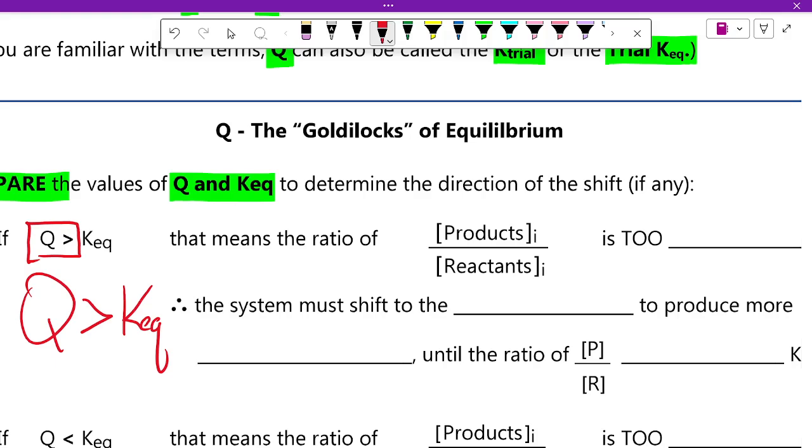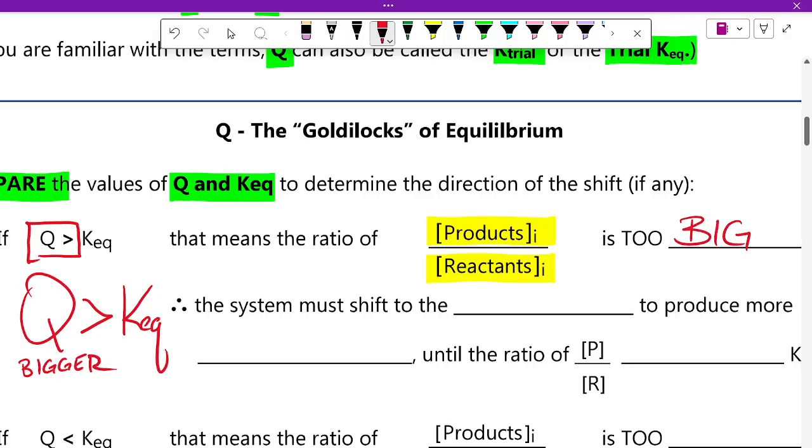If Q is bigger than KEQ, what do we have too much of? Do we have too much product or too much reactant? Q is bigger. So Q is too big.